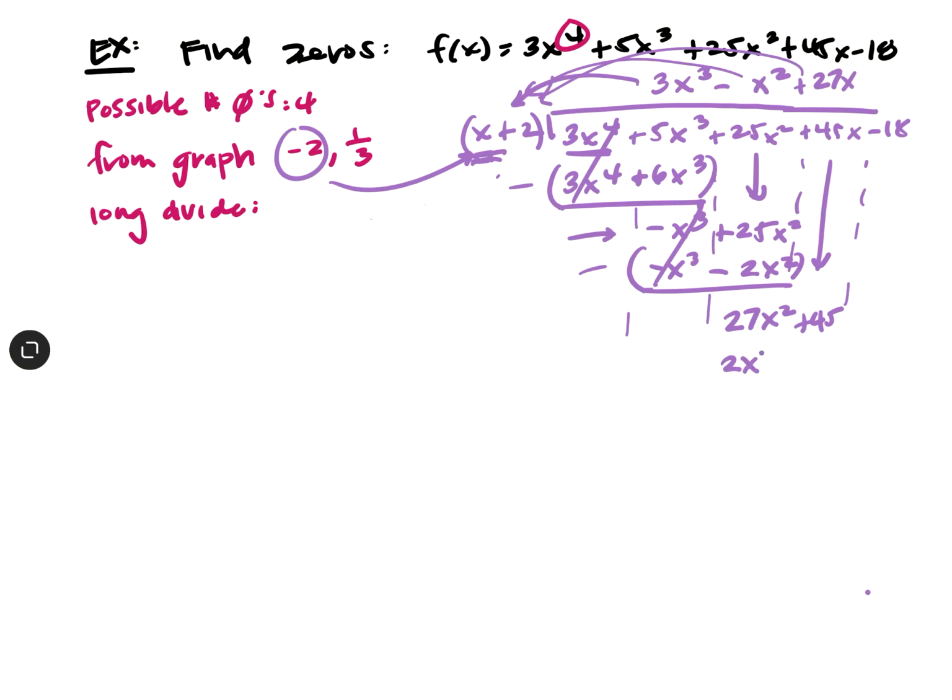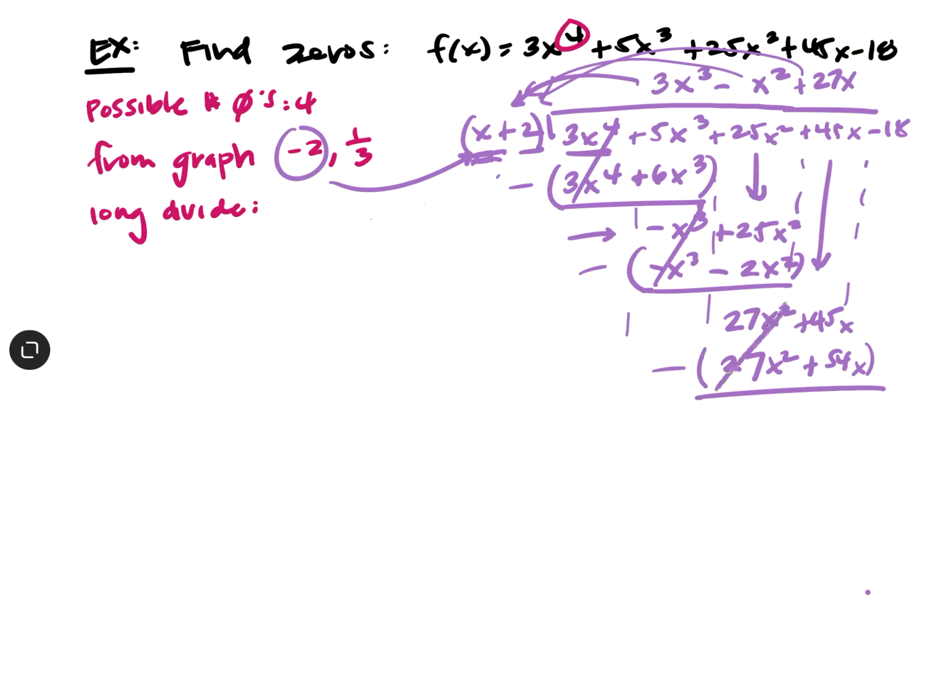So 27x times x is 27x squared. 27x times 2 is 54x. Subtracting again. We get 0 like we expected. 45 minus 54 is negative 9x.